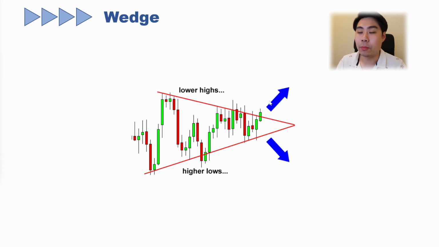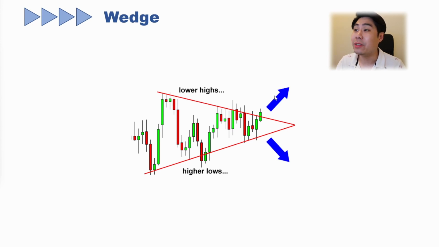But I can tell you, because everyone is looking at this and everyone's waiting for it to break in one direction, the moment it breaks, everyone will ride that wave. It means that it'll push the price even higher if the price breaks above, and it's going to push the price lower if it breaks below.